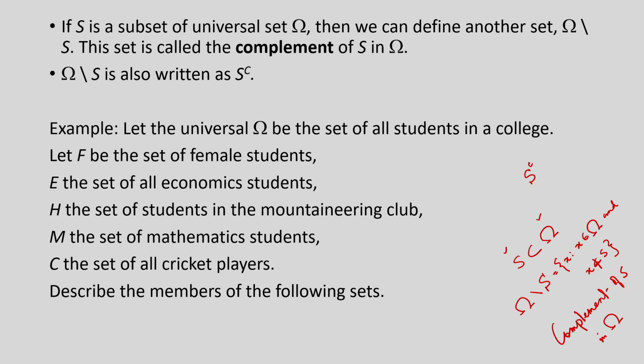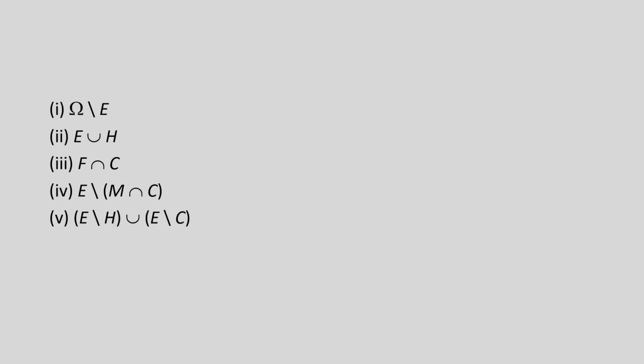So, I have first defined gamma in this problem. Gamma is the set of all students in a college, and then I have defined 5 sets F, E, H, M, C. Now, we have to describe what these sets mean. So, gamma minus E, E union H, F intersection C, E minus M intersection C, E minus H union E minus C. So, let us see.